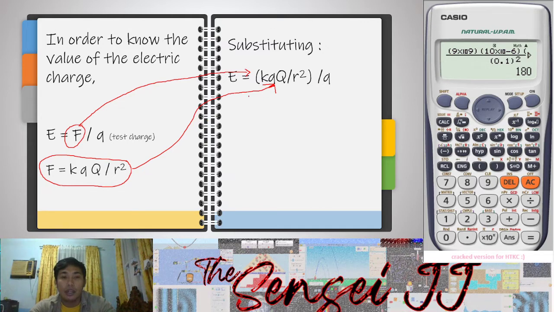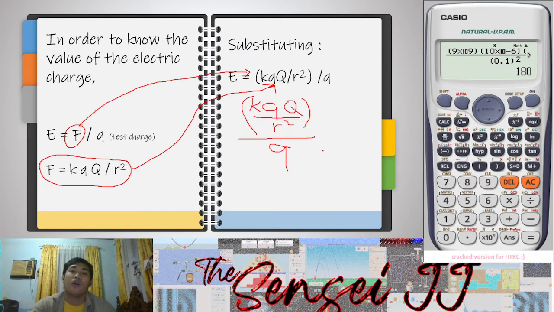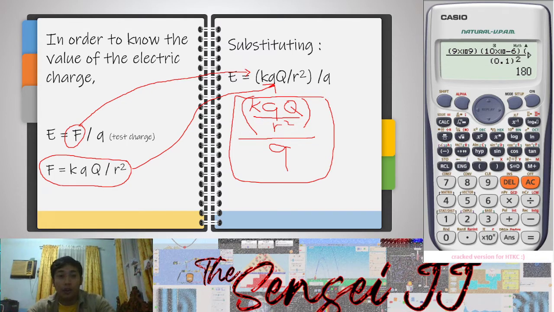So ang magiging writing natin dyan is kQq all over r squared, parenthesis, all over q. Okay, remember this part, guys, ha. Remember this part: kQq all over r squared all over q, test charge. Okay, so nag-iba siguro yung perspective niyo dito.